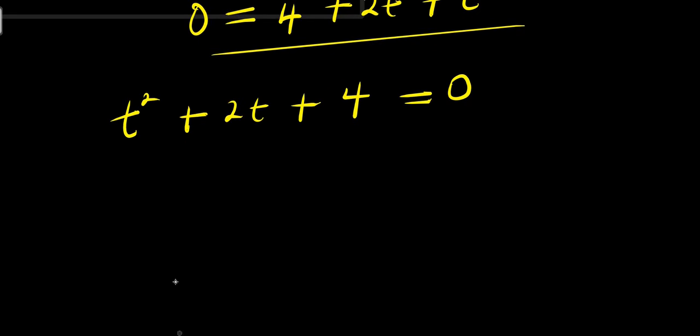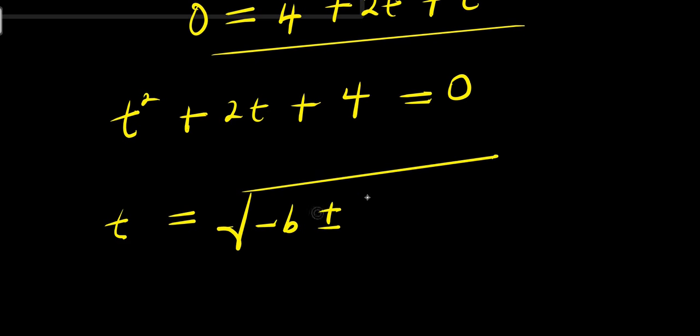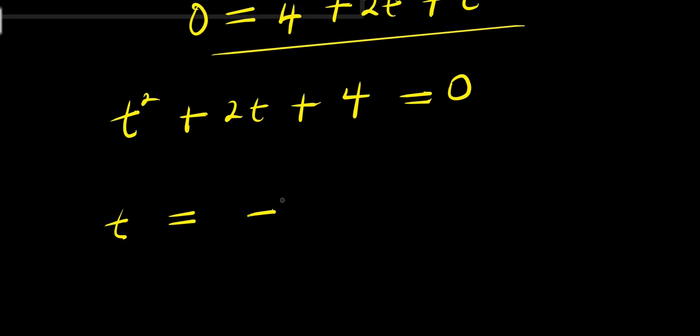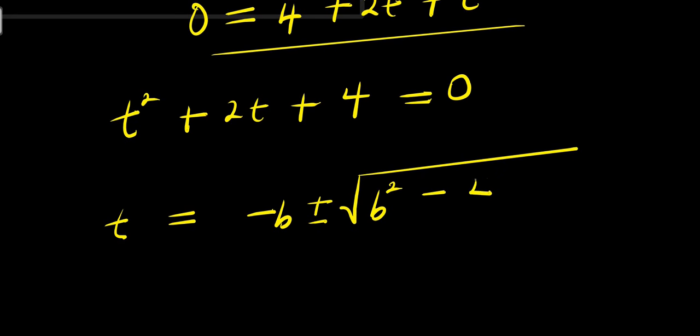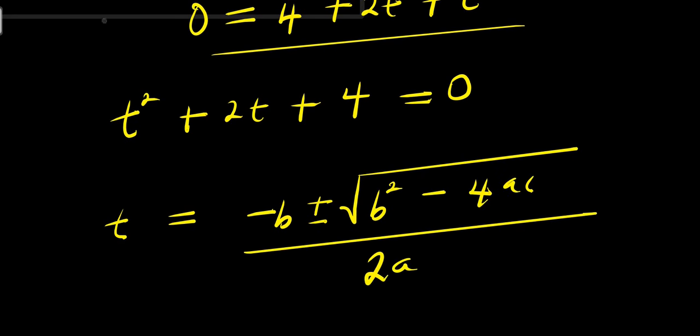So to solve this using the formula method of solving a quadratic equation, we are going to write the formula. We have t equals negative b plus or minus square root of b squared minus 4ac, divided by 2a. The coefficient of t squared is 1, that is our a. The coefficient of t is 2, that is our b.